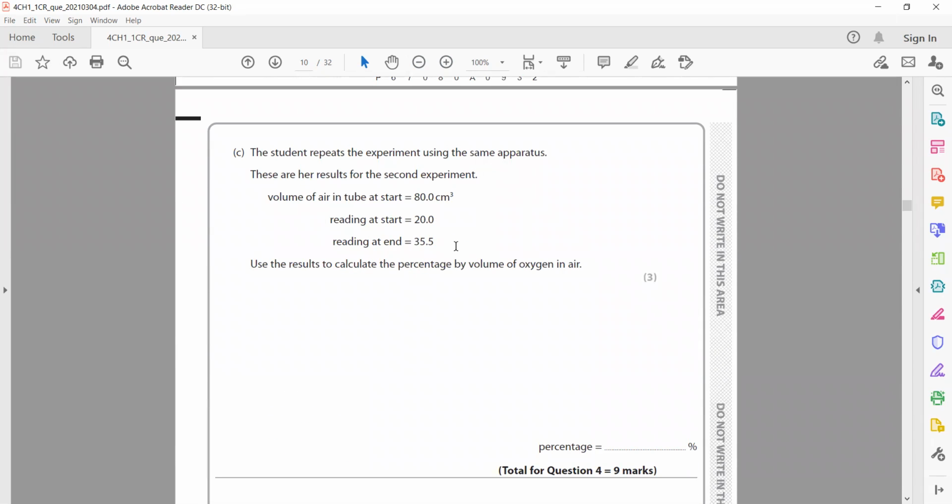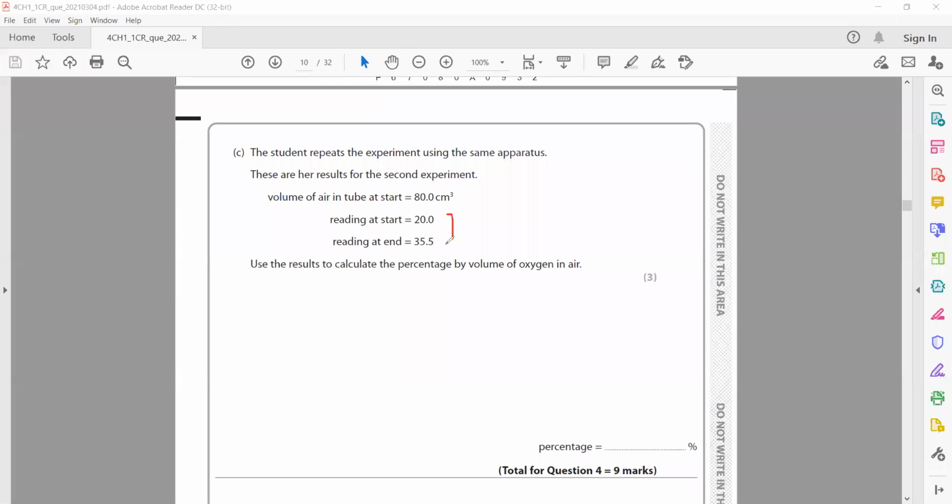The student repeats the experiment. These are her results for the second experiment. Use the results to calculate the percentage by volume of oxygen. Reading at the start, reading at the end, so that will give us the difference in volume. The difference in the volume will give us the volume of oxygen, and volume of oxygen divided by total volume multiplied by 100.